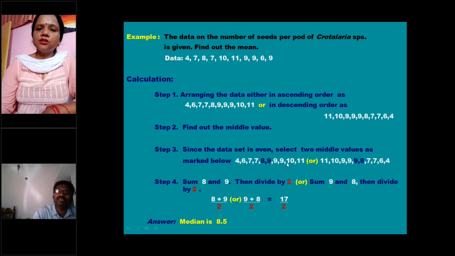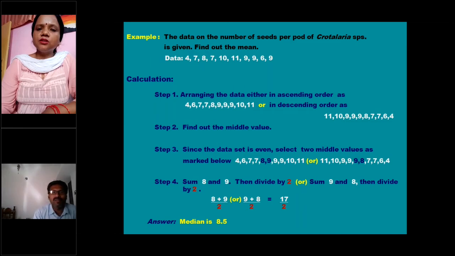This is the ascending order, this is the descending order. If the data set is arranged in ascending order, we get 8 and 9 as the middle two values, or if it is descending, we get 9 and 8 as the middle values.